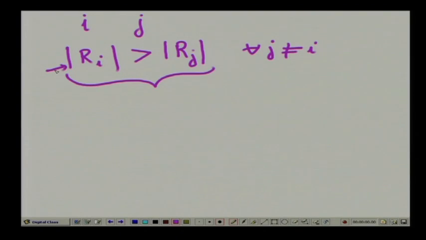Now, if for an ith mask I find that the absolute value of R_i is greater than the absolute value of R_j for all j not equal to i, in that case we can conclude that this particular point, at which location this is true, is more likely to be contained on a line which is in the direction of mask I.